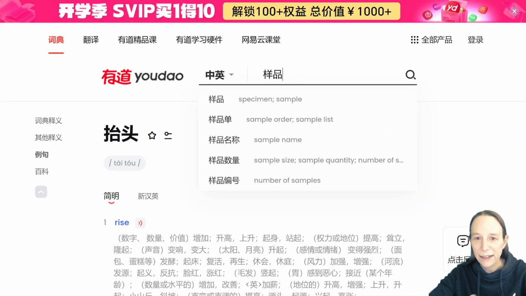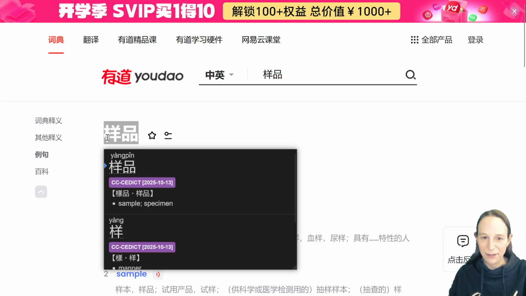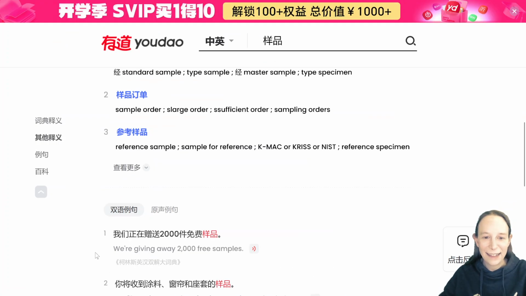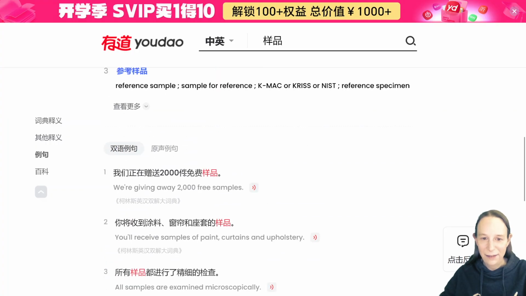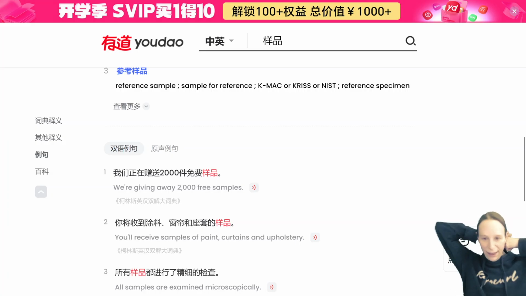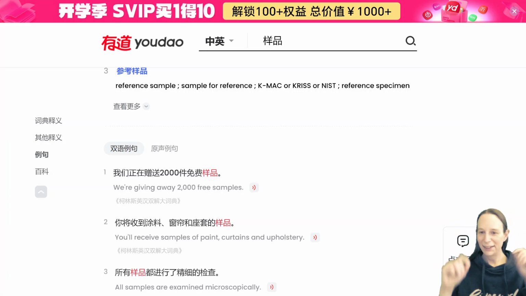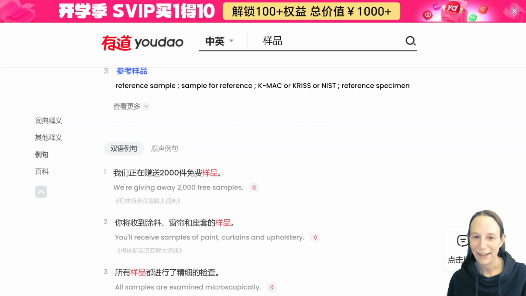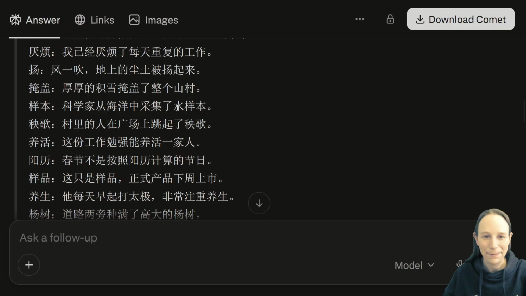So this is like sample of products and things like this, right? Yeah, 免费样品, free samples. So scientists take samples, that's 样本, and samples of a product or something like this is 样品. Did I say the wrong thing? I don't know. 样本 is science, and 样品 is marketing. All right.